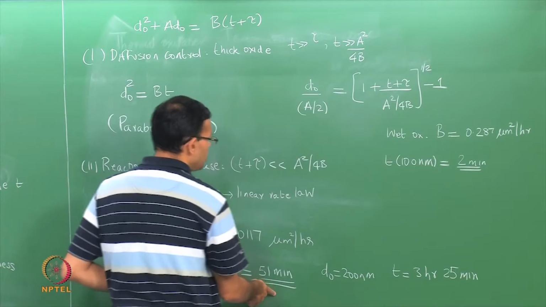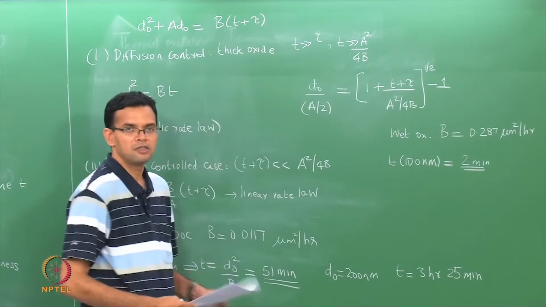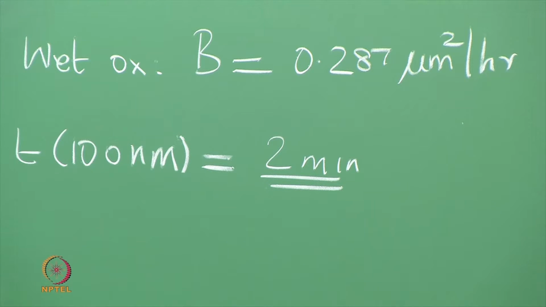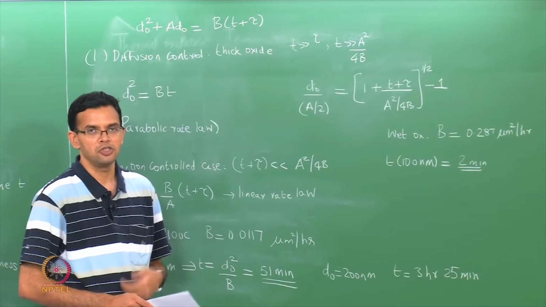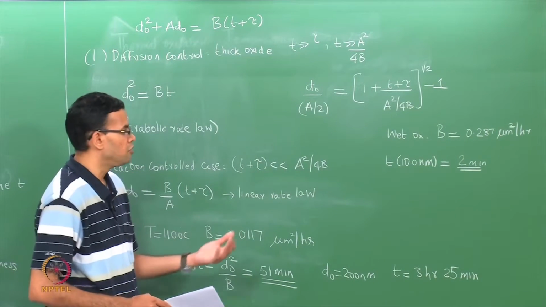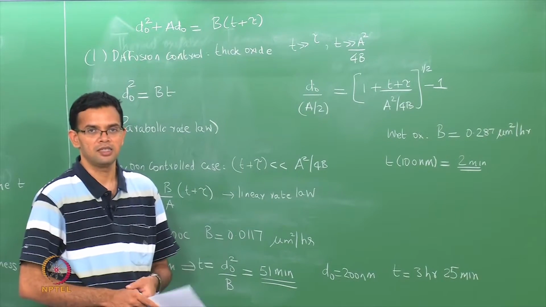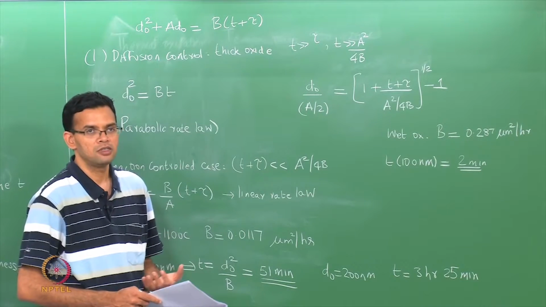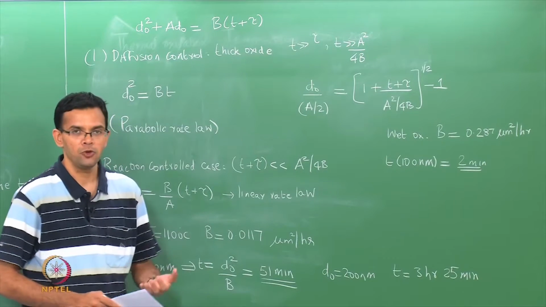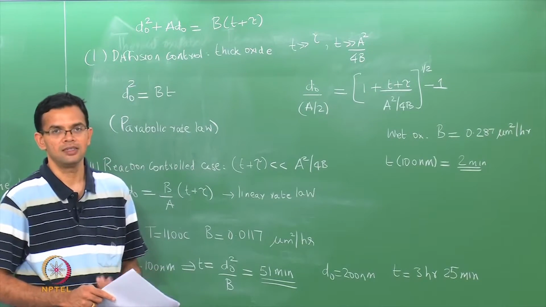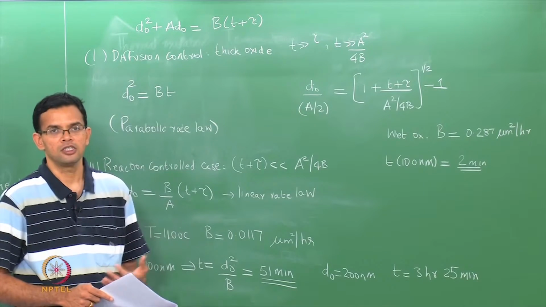Comparing these two numbers, 51 minutes for dry ox and just 2 minutes for wet ox, shows you that wet oxidation is usually much faster than dry oxidation, because the diffusing species and the reactions that are involved are different. The trade off, of course, is that if you are looking for very uniform process control, 2 minutes is usually too short a time to get good process control.